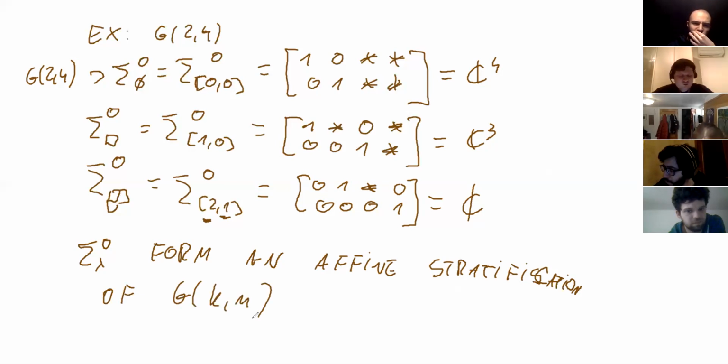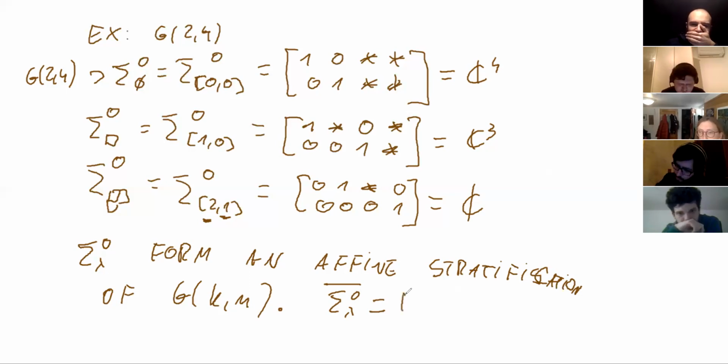If you heard about Schubert cells, these are exactly those varieties, their closures. So open affine cells are those Schubert cells that we have defined, and Schubert subvarieties are their closures. Now here you could worry about what the closure is, but again, it's not different from the projective space. So I can even tell you that this is a disjoint union for rho smaller than or equal to lambda of the cells for rho.